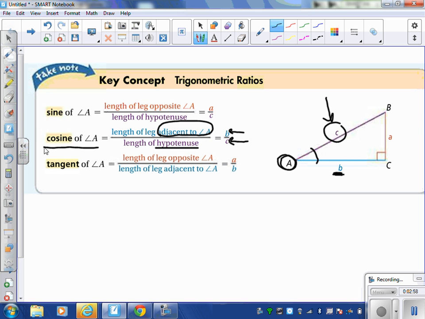So cosine is the length of the leg adjacent to angle A, which is B, over the hypotenuse C.